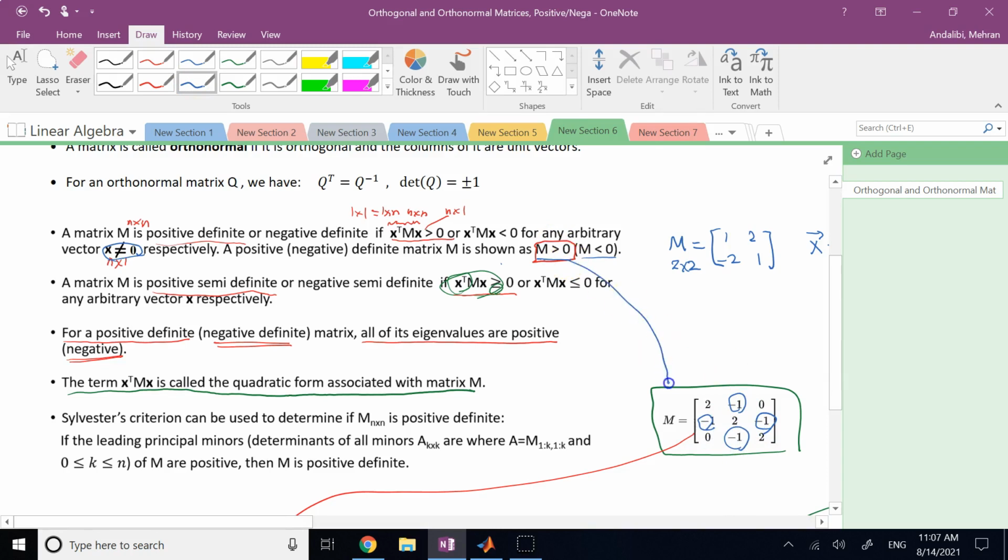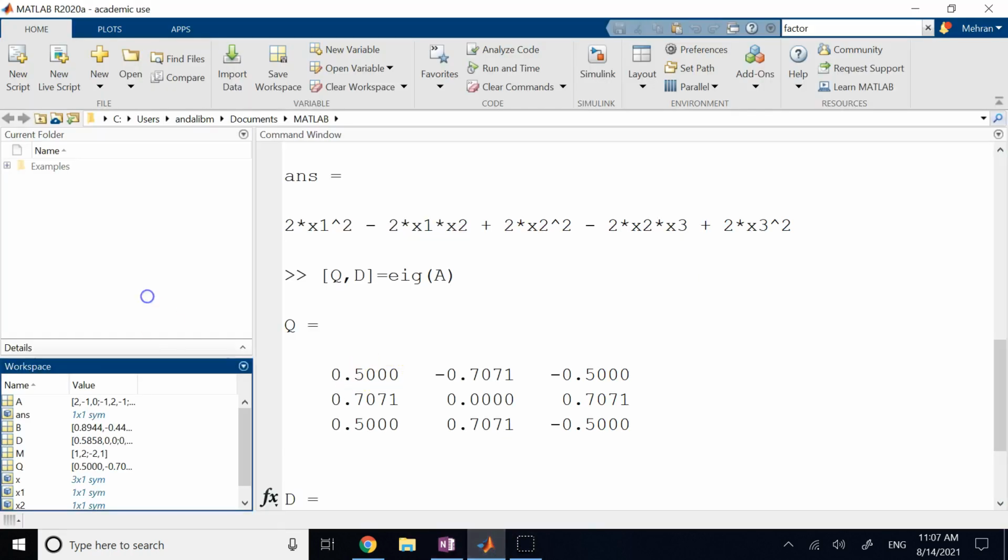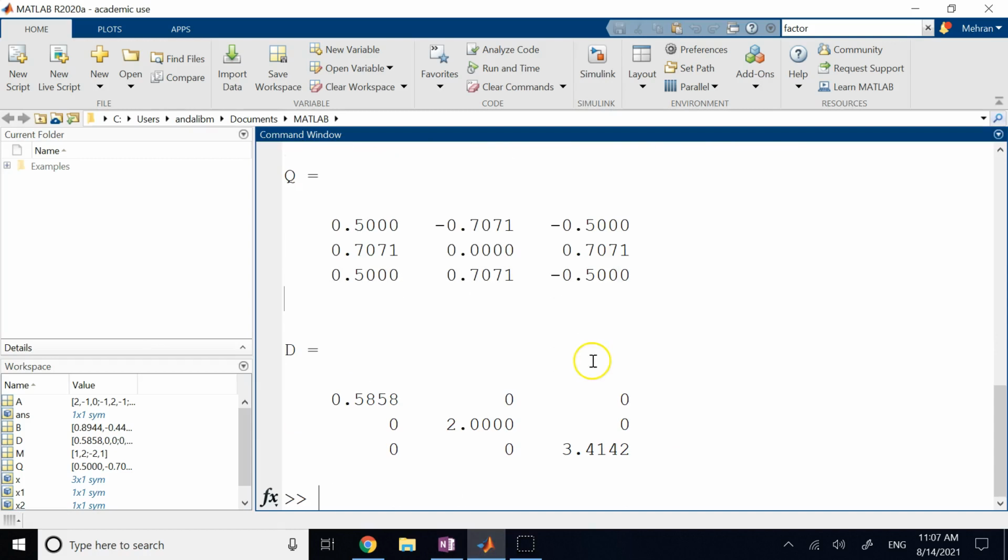It has nothing to do with calling M the whole matrix positive definite or positive semi-definite or anything. Okay, so the sign of the entries has nothing to do with positive definiteness or negative definiteness. But eigenvalues do. The sign of eigenvalues, as you just saw, does have something to do with it.